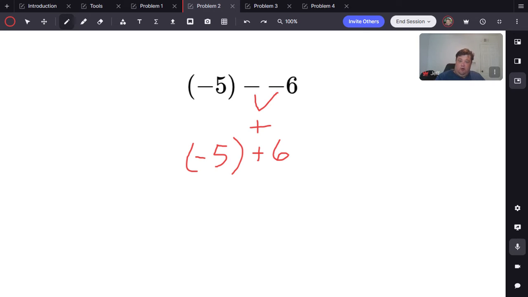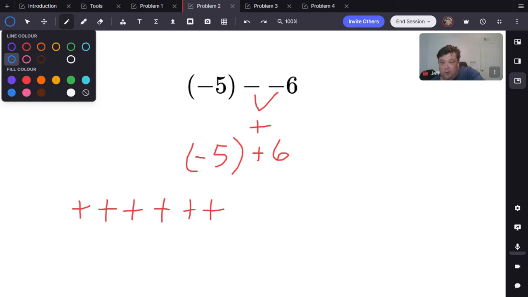All right, so for this we can use that same technique that we did in the last video. Basically, we have 5 negatives and 6 positives. So we can represent 6 with positive numbers: 1, 2, 3, 4, 5, 6.